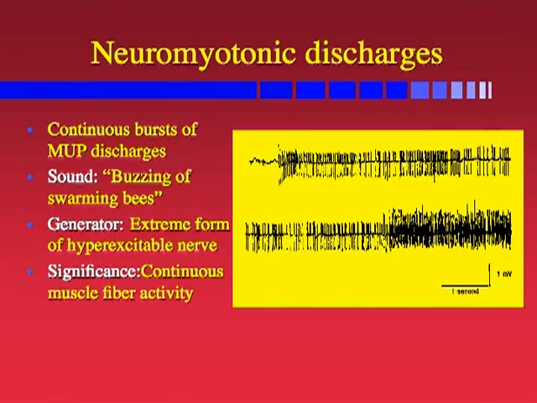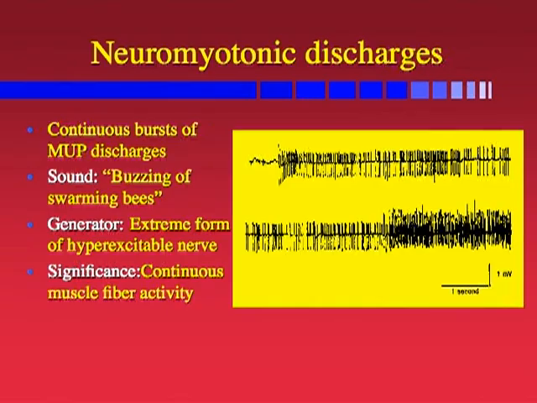Neuromyotonic discharges are unaffected by voluntary activity. Classically, neuromyotonic discharges persist during sleep and under general or spinal anesthesia. During voluntary contraction, many motor units fire successively with overlap.